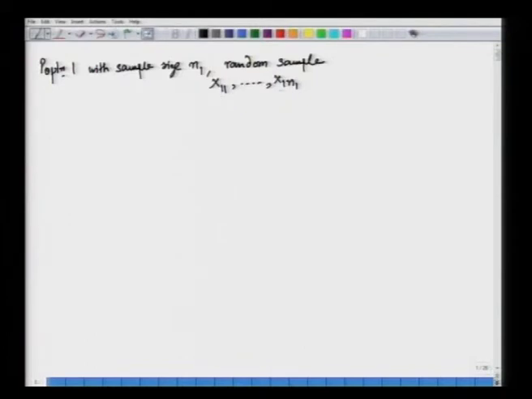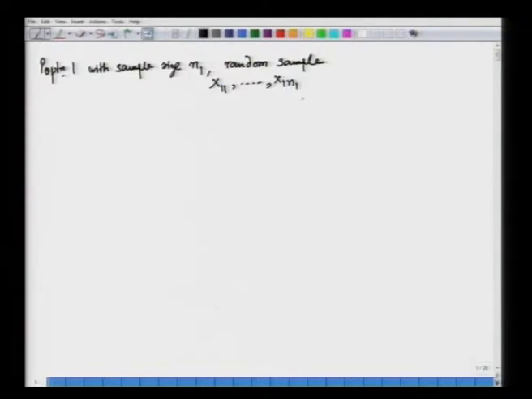The first one, as you can see, pertains to the first population, that is why it is 1 throughout, and then the second subscript is for the number of observations within that population. So, we have this random sample x11 to x1n1, each from the p-variate normal with mean mu1 and dispersion matrix sigma.